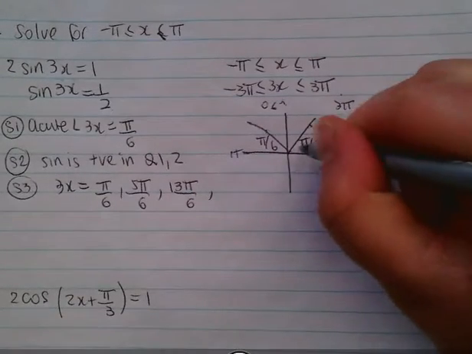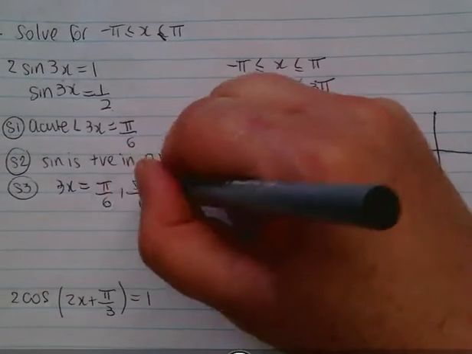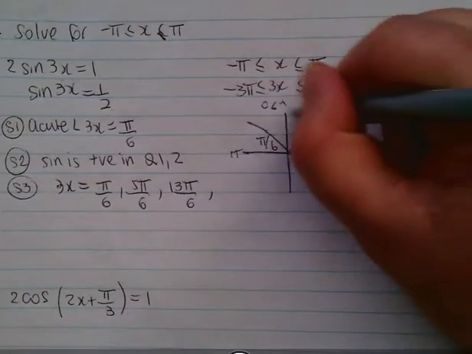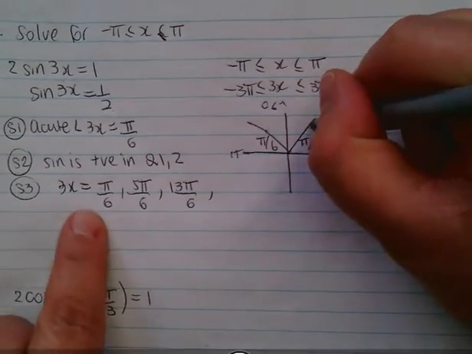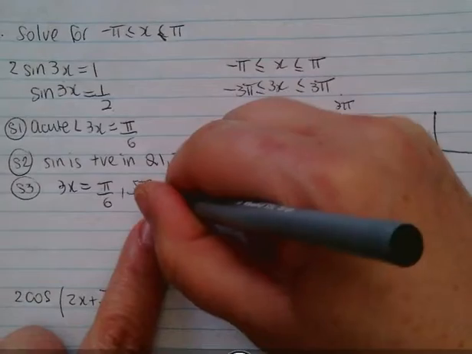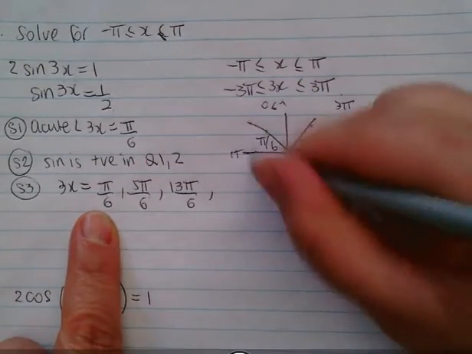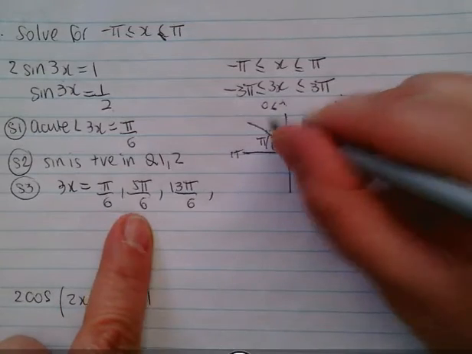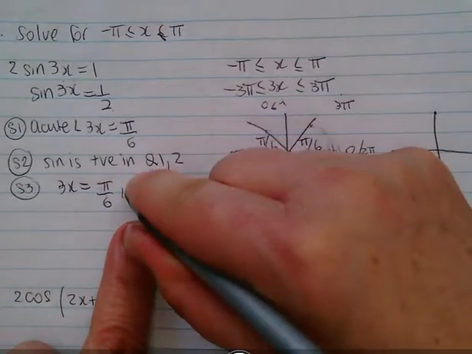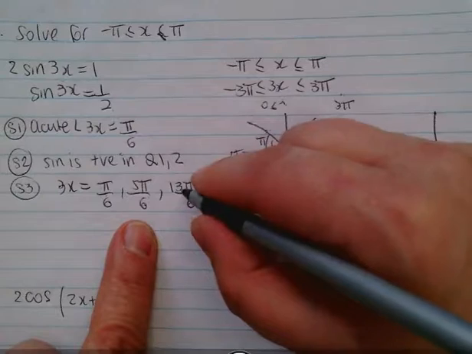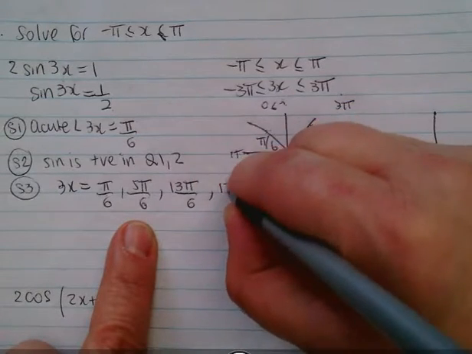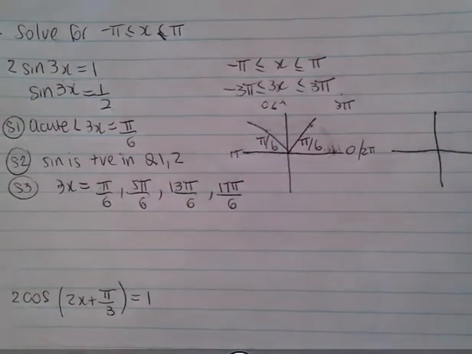And then, or I'm just adding 2 pi onto each of these, okay? So I've gone around once, I've got these two, now I'm adding 2 pi onto this to get that. So 2 pi plus, this was 5 pi on 6, so 2 5/6, is 17 pi on 6, okay?